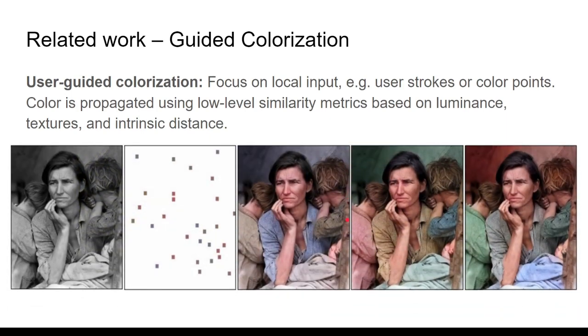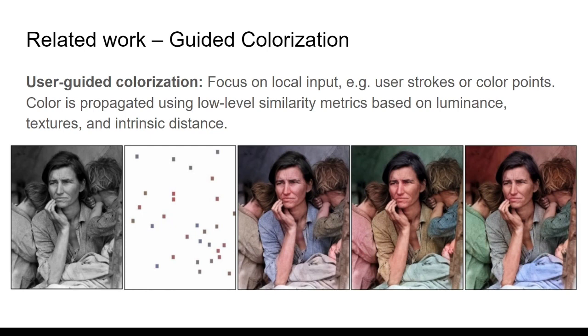Another method is called real-time user-guided image colorization with learned deep priors. It is also a user-guided colorization method. It combines low-level cues along with high-level semantic similarities. It is a deep learning-based guided colorization method that learns semantic similarities from large datasets.